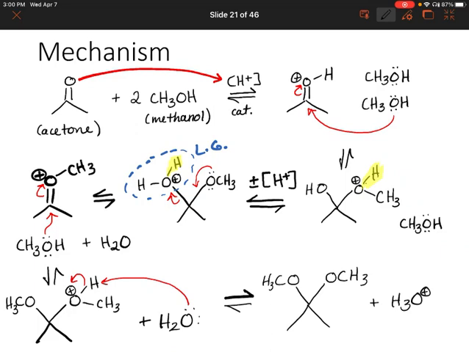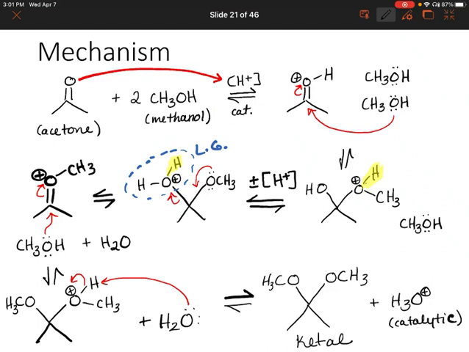So we've regenerated our acid, so that again is a catalytic acid, and that might be H2SO4 or phosphoric acid, etc. We're just writing it as H3O+. And then our product there is a ketal because we started with a ketone.